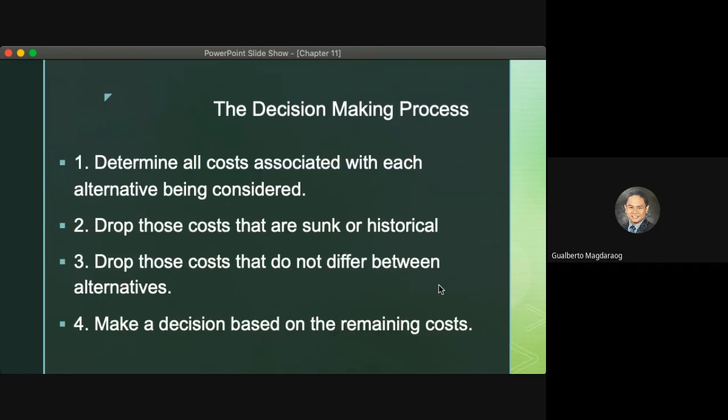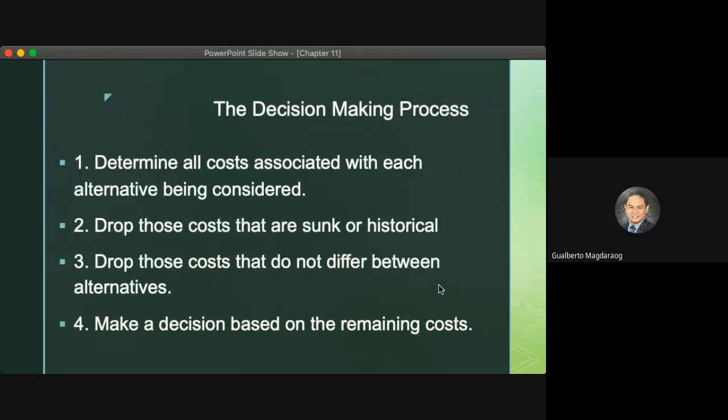And then after collecting all the costs, drop those costs that are sunk or historical, because yung mga sunk cost and historical cost, no matter what we do, wala nang mababago. Hindi na yun magbabago. Kasi dumaan na siya, nag-sunk na siya.